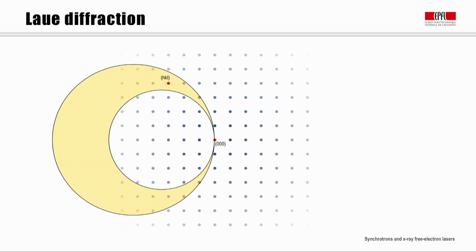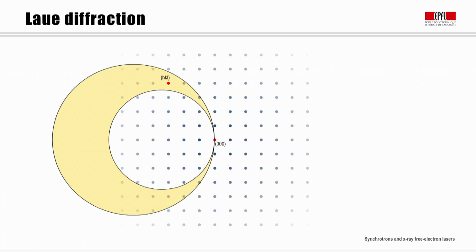Which angle will a certain Bragg spot, HKL, highlighted here also in red, subtend with the incident beam? To determine this, we need to find the Ewald sphere that meets the Bragg condition. In other words, the precise energy within the energy band.